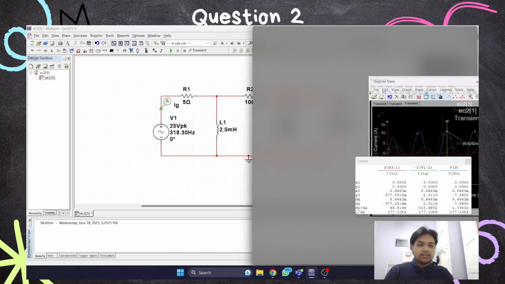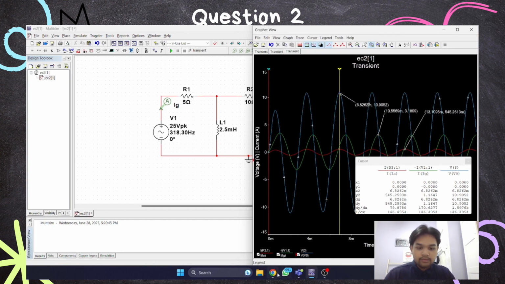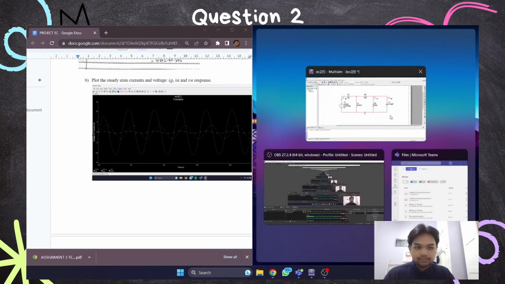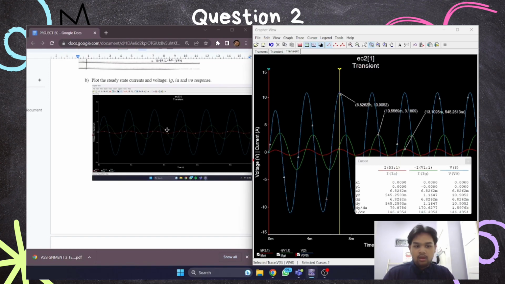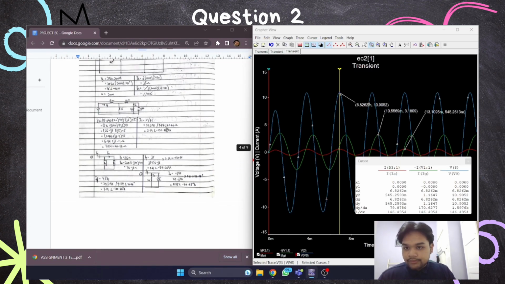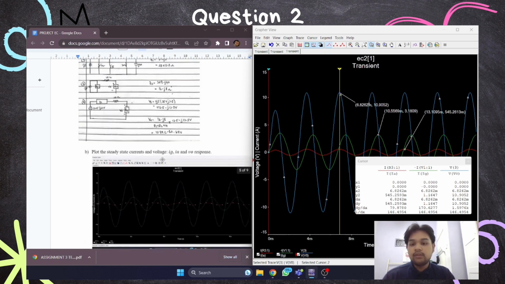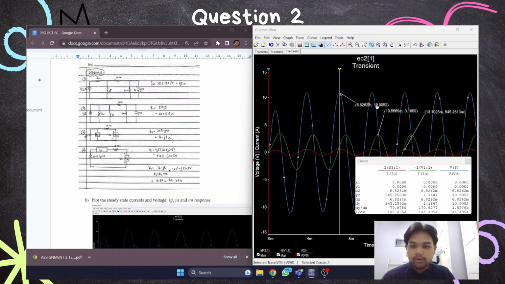Now to compare this answer with what we got, as you can see here, Ig is 3.19, which is here, and the value for Ia is 0.55, which is here, and the value for V node is 10.89, which is roughly close to what we get from the simulation.